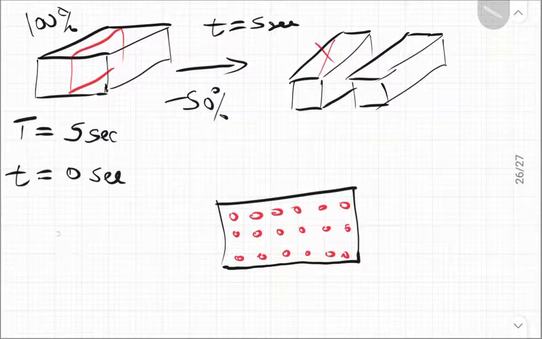Since we are given the half-life to be 5 seconds, and if we know the number of atoms or the amount of this radioactive material, we can tell the number of atoms or the amount of atoms that will decay for a given period of time, right? Because we are given the half-life and the amount of the radioactive block.